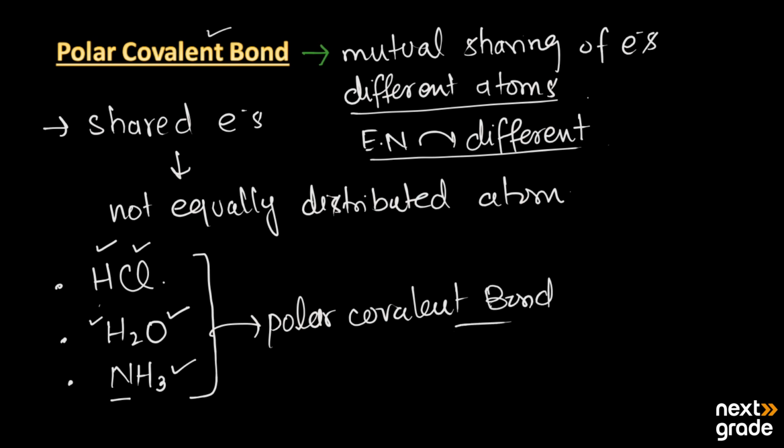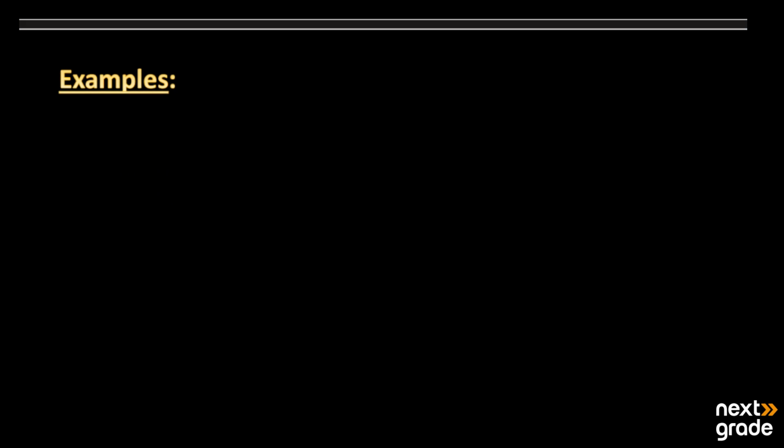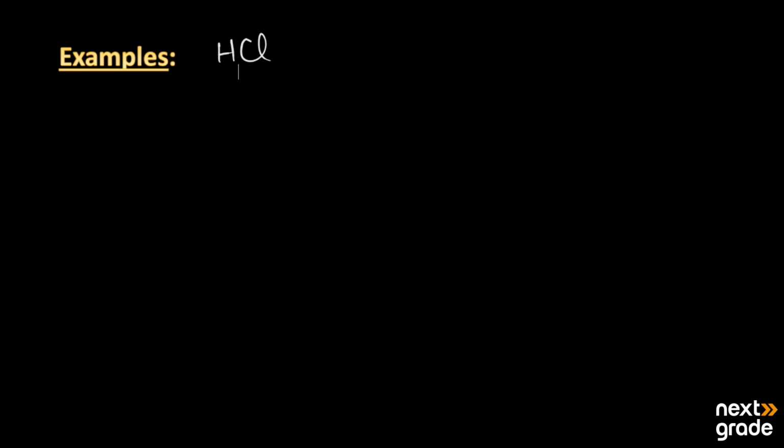Let's discuss its examples in detail. The first one is HCl, hydrochloric acid. Hydrogen has only one electron in its valence shell, and chlorine has a total of 7 electrons in its valence shell.